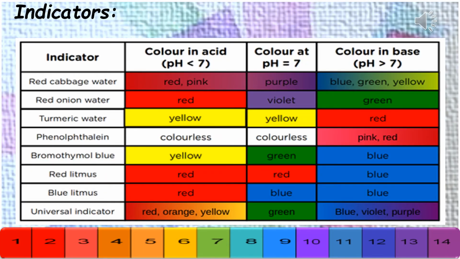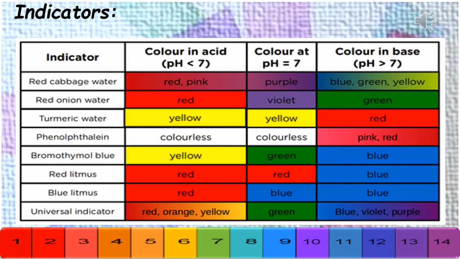Here you have the list of indicators which contains both synthetic and natural indicators, and it shows how its color changes in acid, in neutral and in basic solution. So you may take a quick look at it.